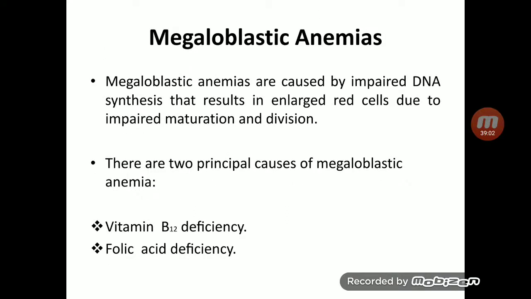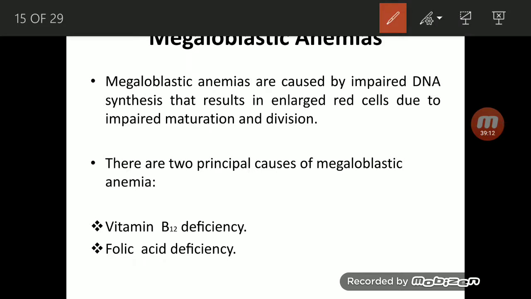Okay, next is your megaloblastic anemia. Normally megaloblastic anemia is caused by impaired DNA synthesis, as well as replication, that results in enlarged red cells due to impaired maturation and division.